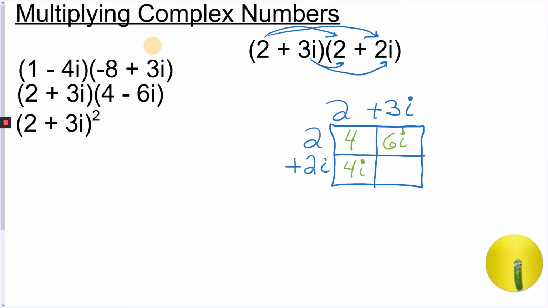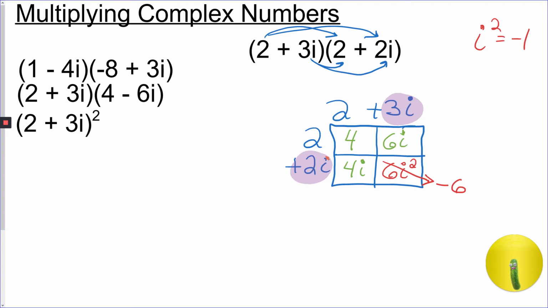You got the 3i up here, and we're going to multiply it by the 2i over here. So in this bottom corner, we're going to get 6i squared. But don't forget, i squared is negative 1. So this actually becomes negative 6. Right? 6 times negative 1 is negative 6.